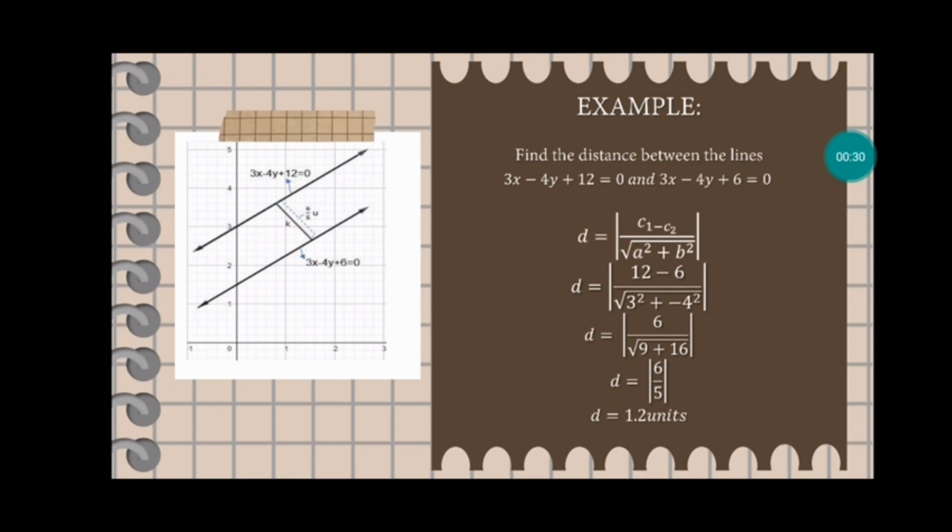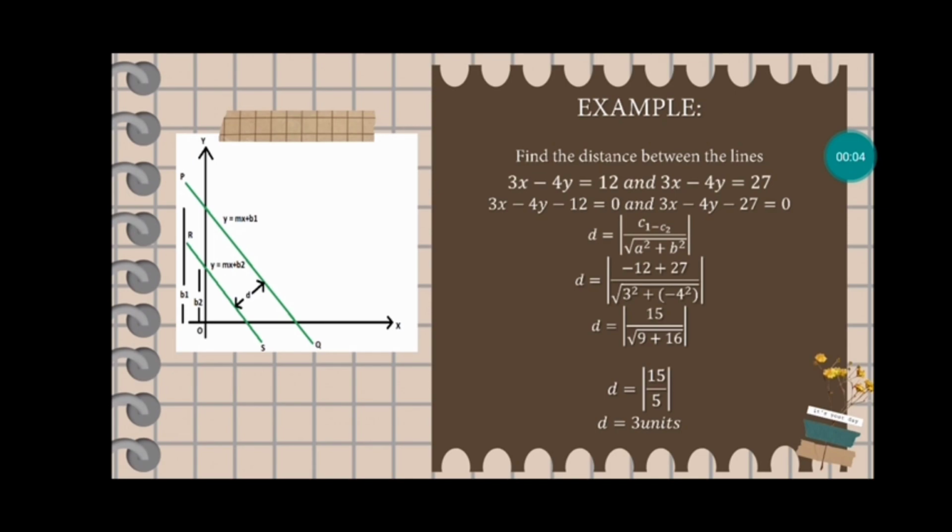So distance is equal to the absolute value of 12 minus 6 over the square root of 3 squared plus negative 4 squared. 12 minus 6 is equal to 6. 3 squared is equal to 9 and negative 4 squared is equal to 16. The square root of 9 plus 16 is equal to 5. So the distance is equal to the absolute value of 6 over 5. The final answer is the distance is equal to 1.2 units.